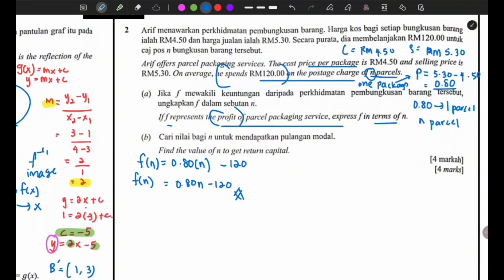Find the value of n to get a return capital. So you want to get a return capital. That means, if you're an accounting student, it's easy for you, but you will not learn in the first few chapters. It's a bit lambat sikit. A return capital means like the money that you invest, you get back.